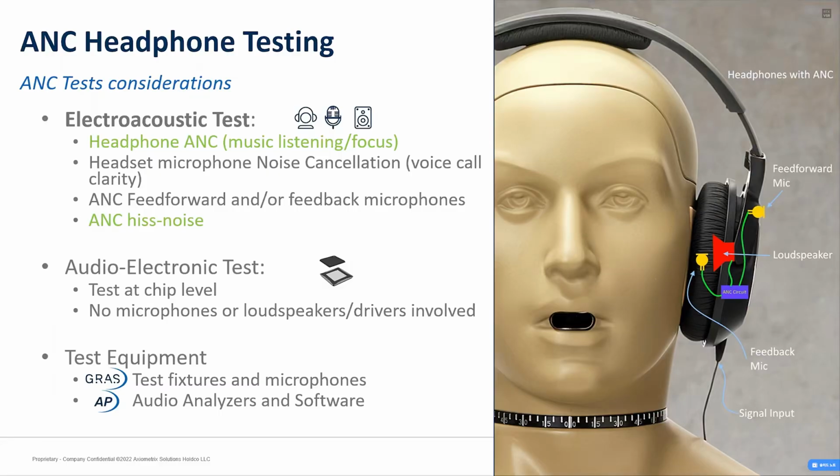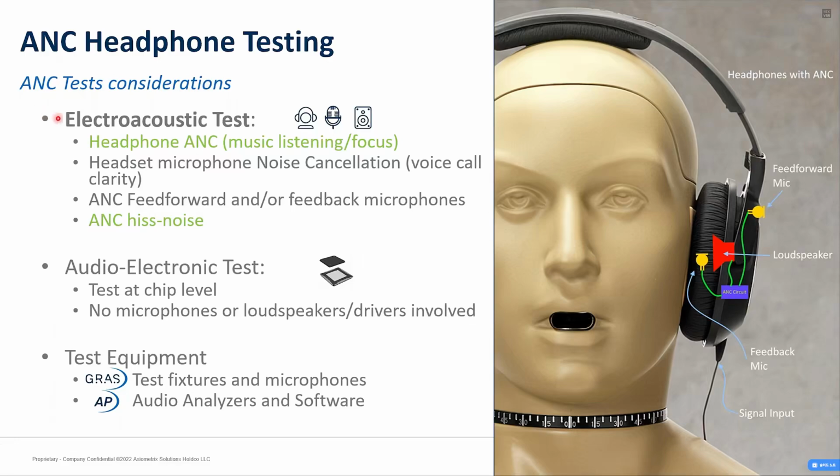And I'm trying to make this distinction because then we have another thing that I usually call headset microphone noise cancellation. This is basically when we are using the microphones to remove the distracting background noise, so the person that is calling you on the other side of the line will not hear that background noise. So this is the basic distinction between headphone ANC tests and headset microphone noise cancellation.